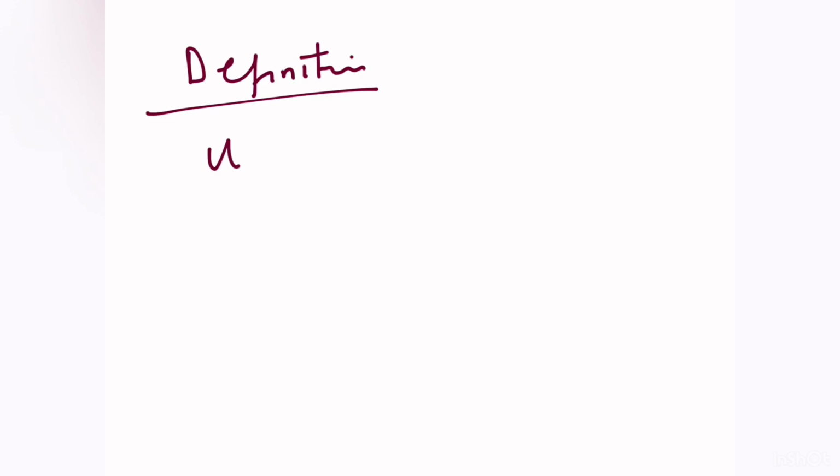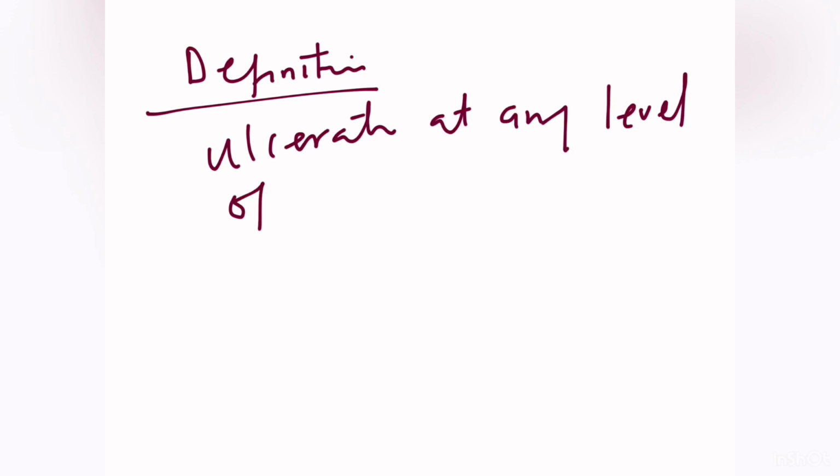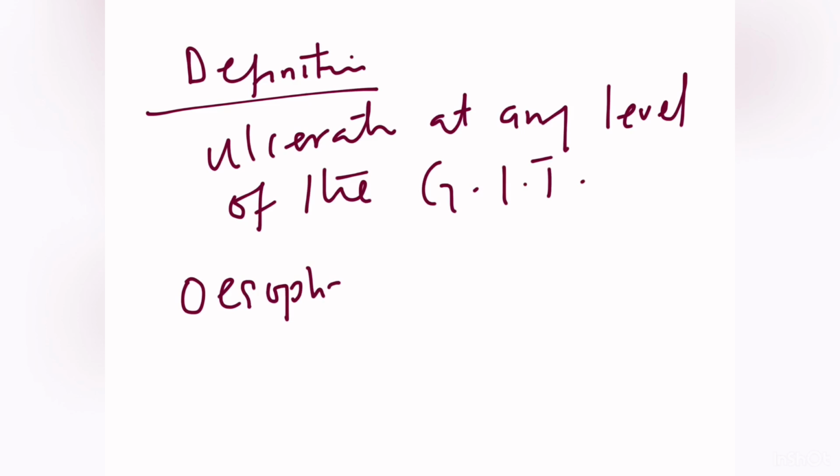Peptic ulcer is an ulceration that happens at any level of the GIT, gastrointestinal tract, and this ranges from the esophagus up to the ileum. So now, what part of the GIT does it affect?